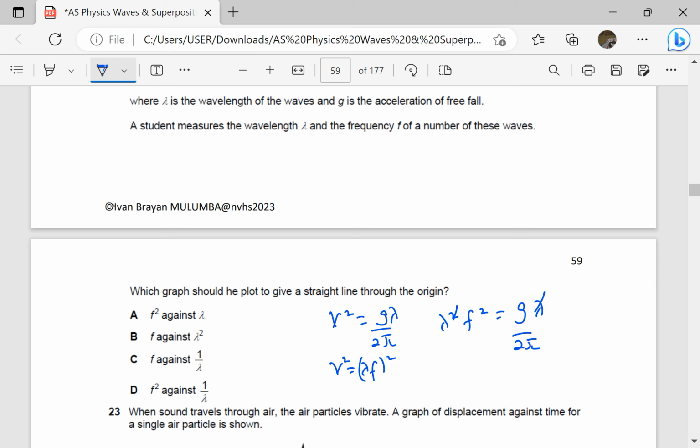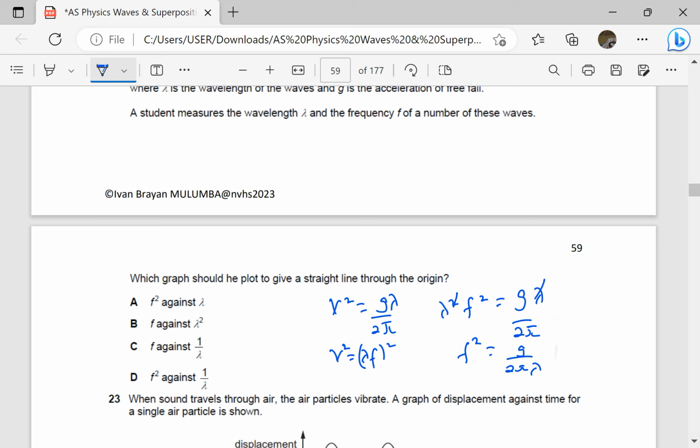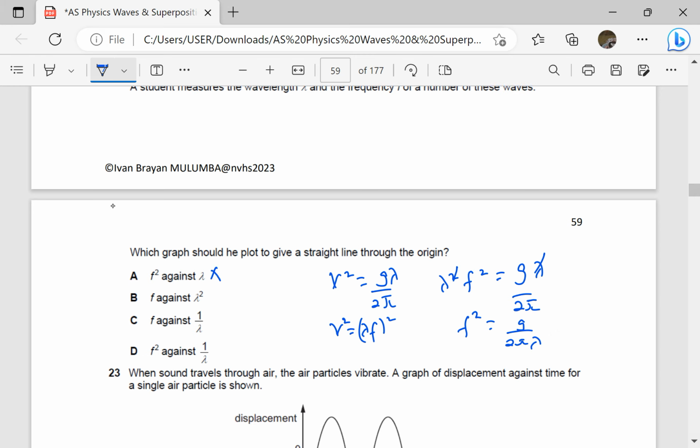We want a graph which gives a straight line. So f squared is equal to g divided by 2 pi times lambda. So the first graph is not a straight line, f squared is not even directly proportional to lambda.